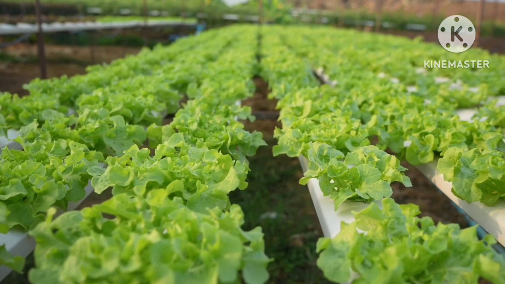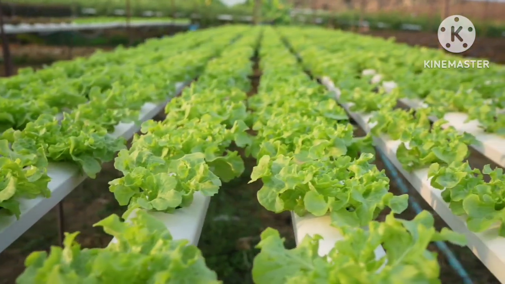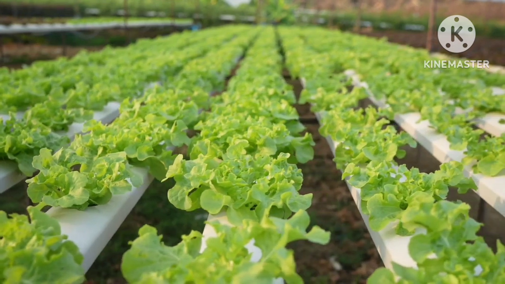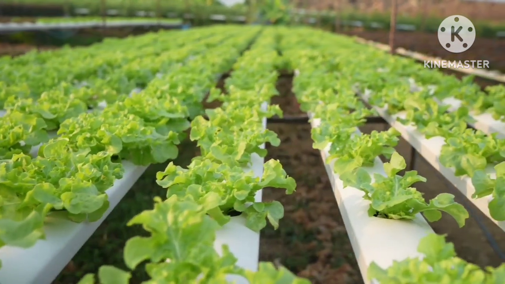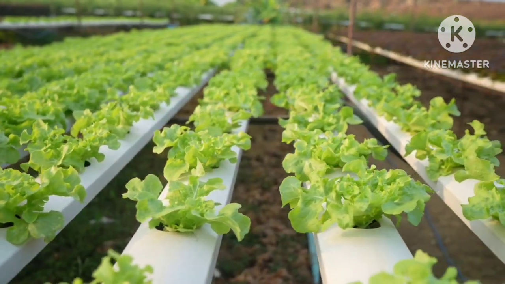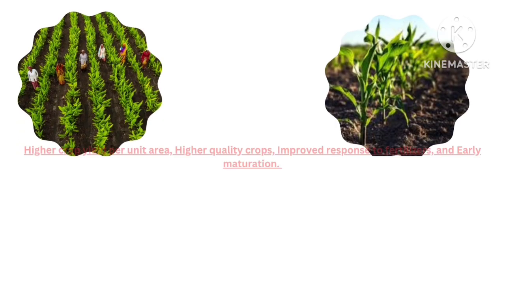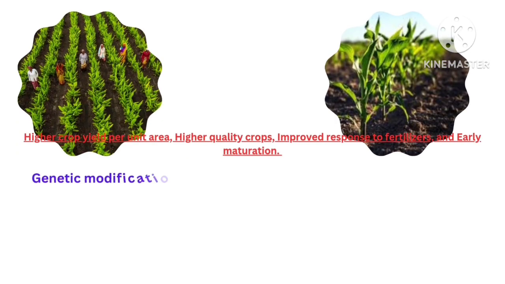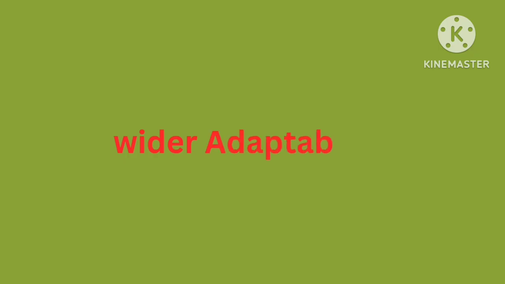The high yield crops produce more food per unit area than traditional varieties. These desirable characters can be achieved through crop variety improvement, the process of developing crops with better traits such as high yield, better quality and increased resistance to pests and diseases.